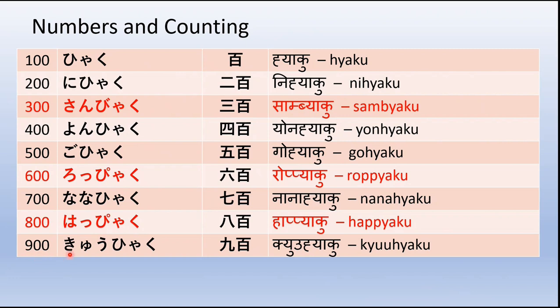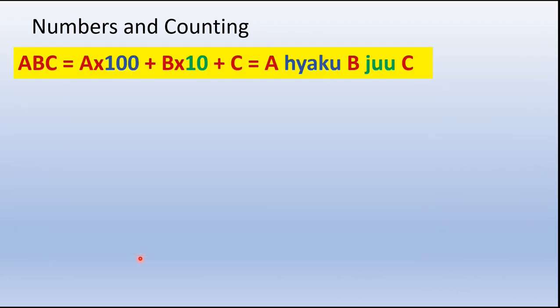This is the generic method, kyuhyaku. So this is how the hundreds numbers are written, and then we shall generalize the rule of forming numbers in the range of 100, that is, 3-digit numbers.